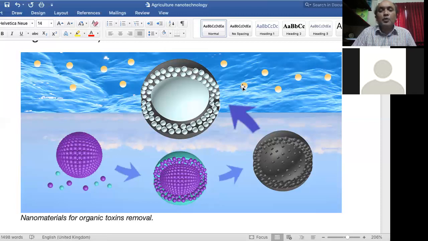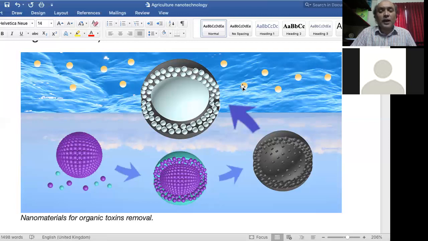Then marine water could be drinkable. We can drink it, we can use it for our terrestrial aquaculture, we can use it for the crop cultivation.